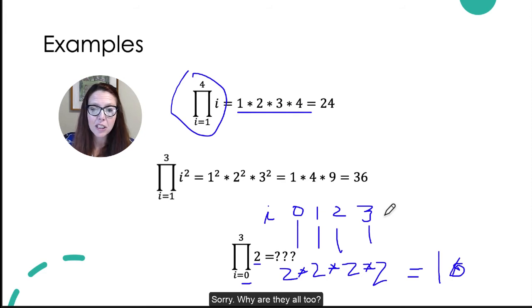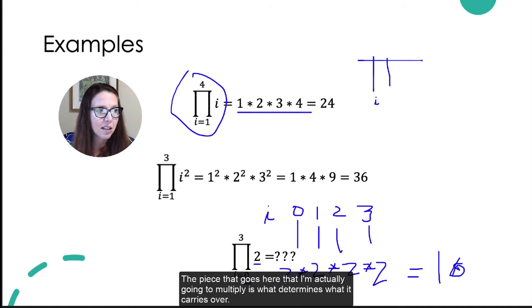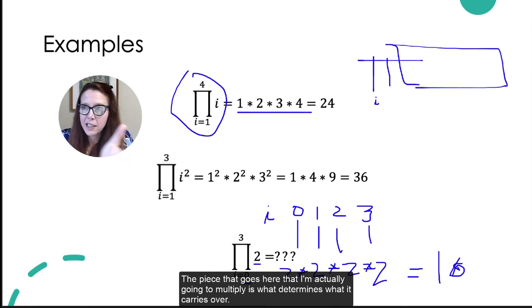Why are they all 2? It's because if I take a sum or a product, it doesn't matter which, the index i, the piece that goes here that I'm actually going to multiply is what determines what it carries over.